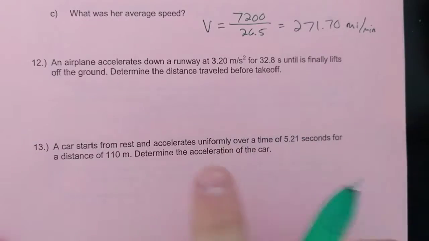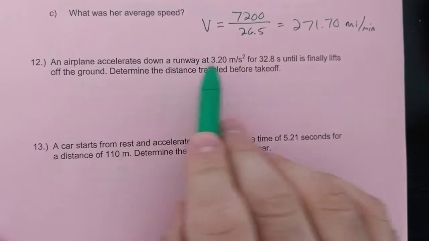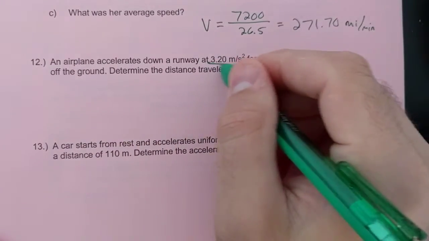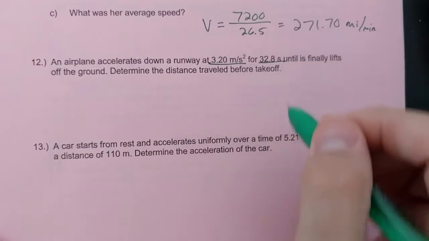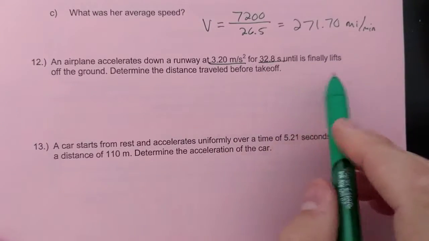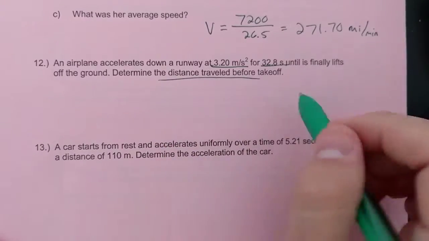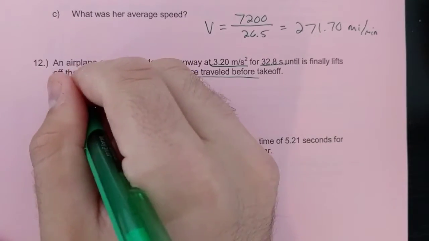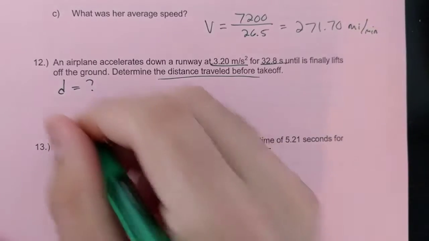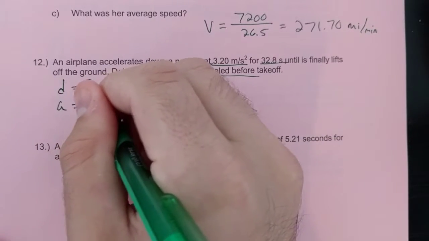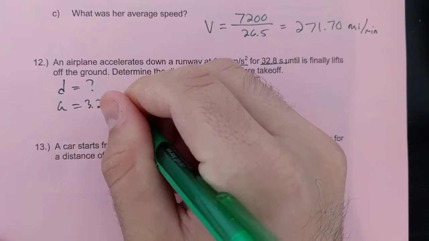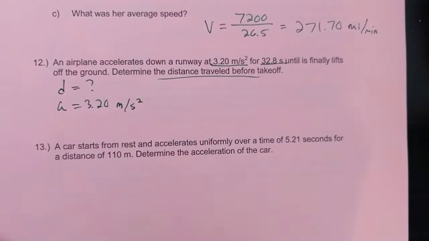Number 12. An airplane accelerates down a runway at 3.2 meters per second squared for 32.8 seconds until it's finally lifted off the ground. Determine the distance traveled before takeoff. So, determine the distance traveled. That's your question mark. Your acceleration is given to you, 3.20 meters per second squared.